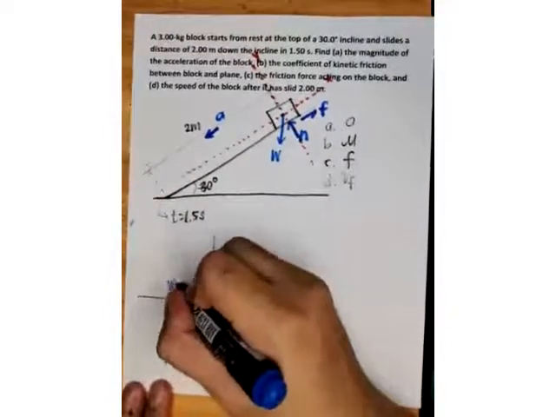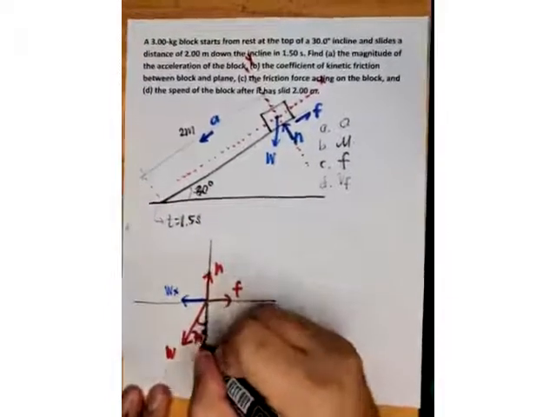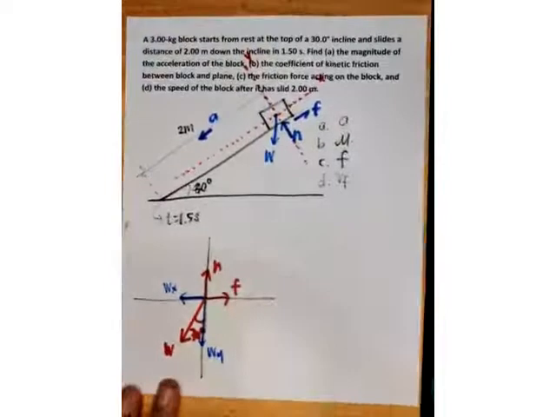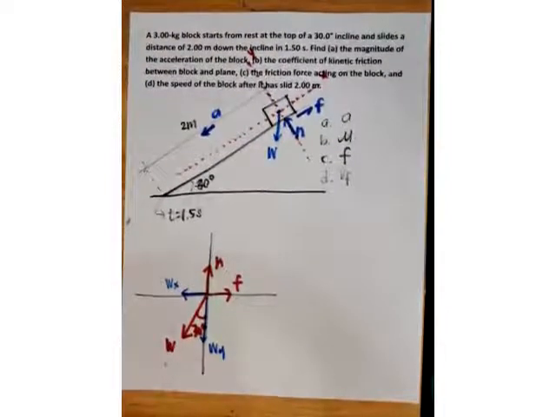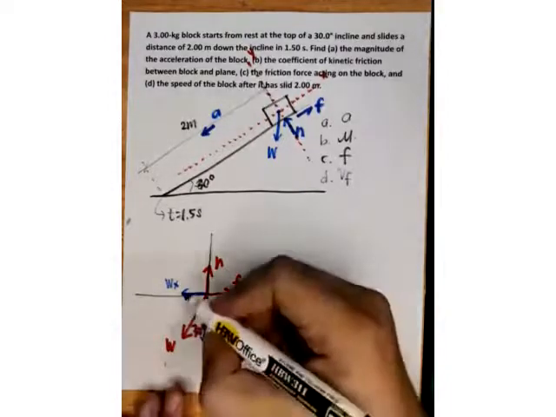Meron tayong weight X at meron din tayong weight Y. Ang standard, if I'm not mistaken, ang natatandaan kong narinig ko before, na pag sa civil, ginagawa ay lagi yung angle nakadikit sa x-axis. So yung angle na ginagamit nila ay laging nasa x-axis.